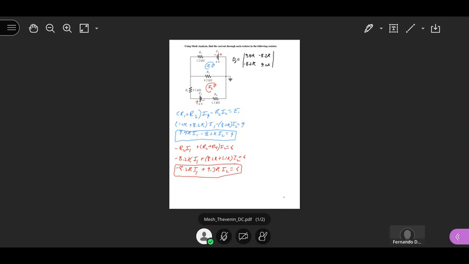Then I will do the determinant for I1. So what I'm going to do is take the determinant of the system, right? Minus 8.2K, 9.2K.